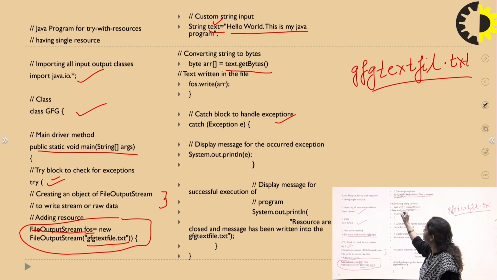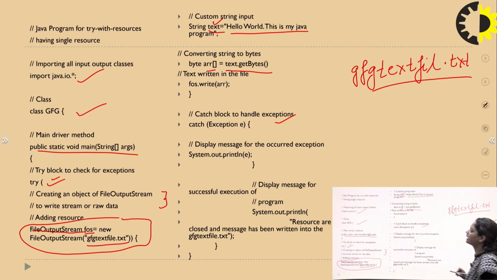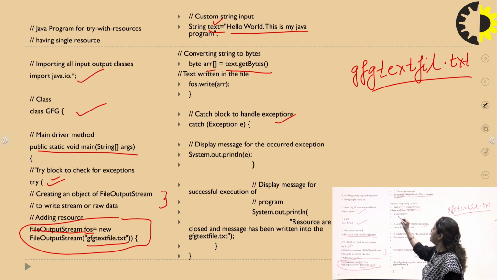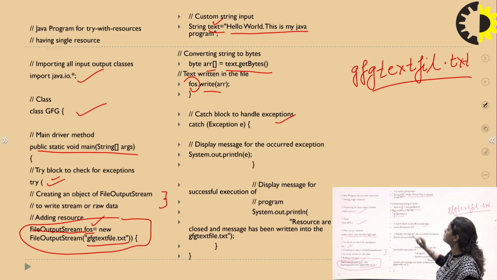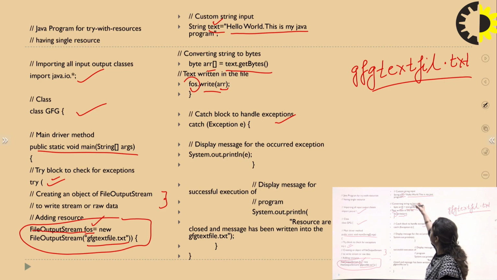It will be held in the arr variable of type array, and then for the writing operation, the object name fos, that is the object of this FileOutputStream, will perform the write operation on arr, that array which indirectly holds this string value.